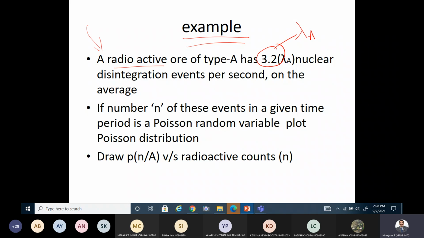So in a given problem, if the number of events you consider as n, and if the time interval is certain, and if the rate is certain for a particular type of ore, then can you plot a Poisson distribution with respect to that? That is the question here. So how to plot?